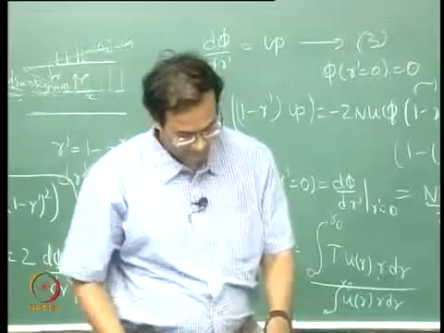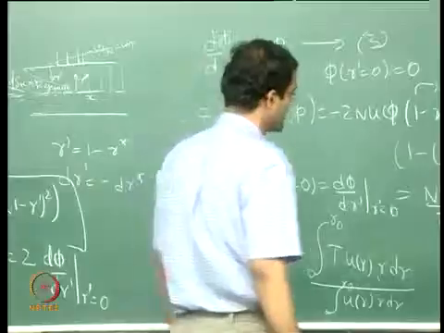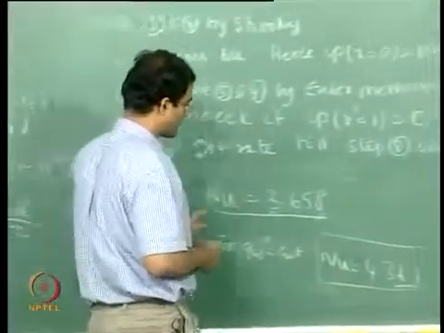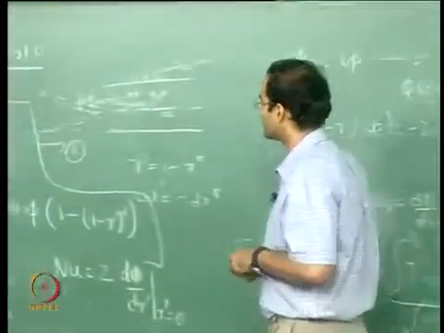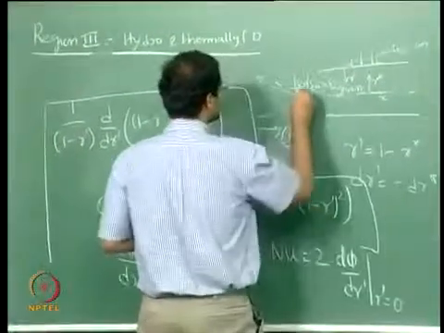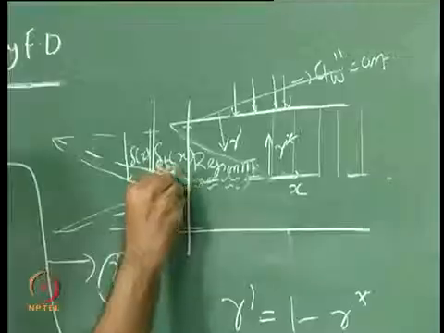Now the next thing we will do is move from region 3. In region 3 we looked at constant wall temperature and constant heat flux separately, and we will now focus our attention on region 2, that is this region right here.